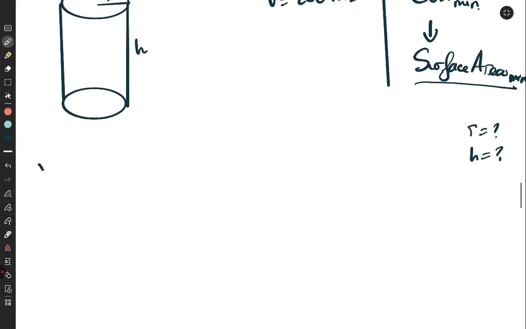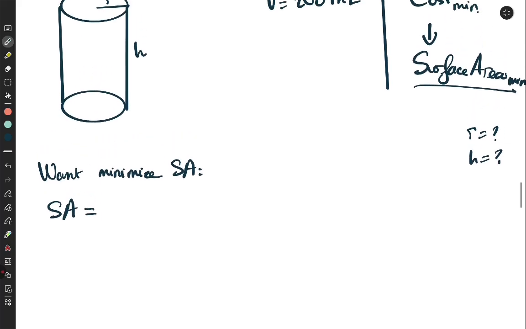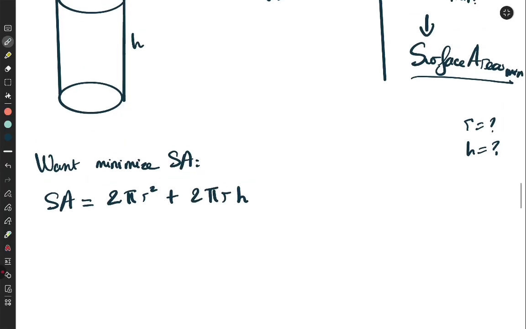So you want to minimize SA. And the surface area, we derived it a little bit earlier. That's 2 pi r squared plus 2 pi r h.